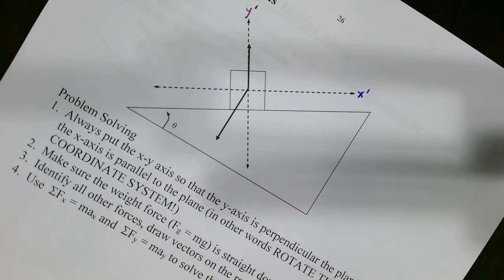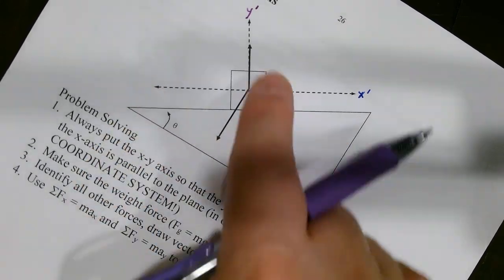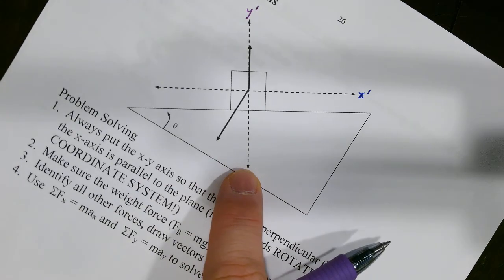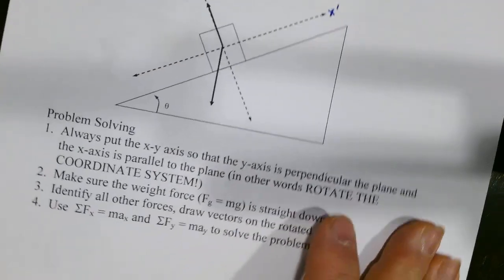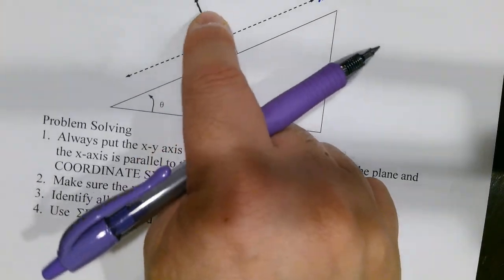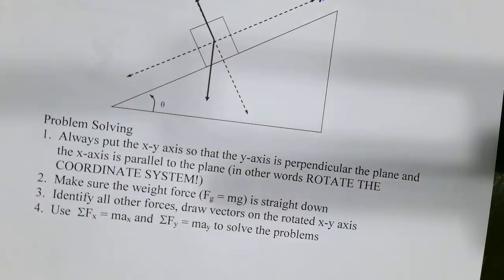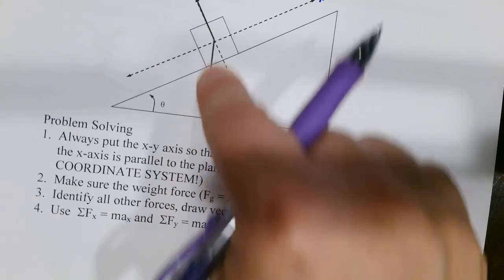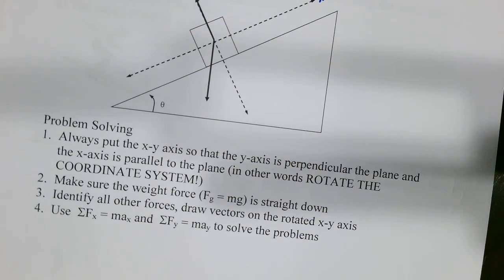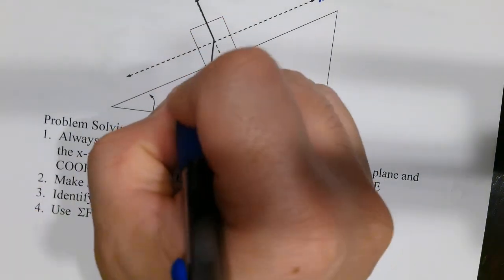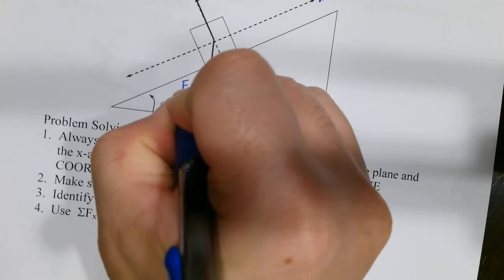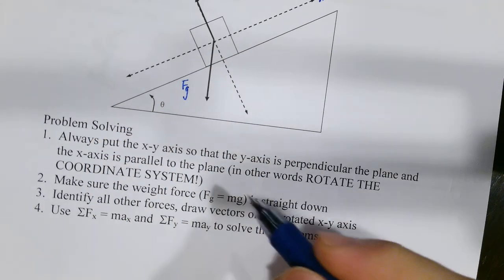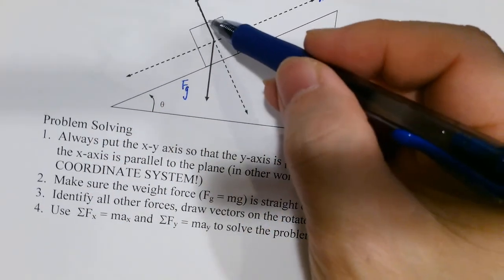Once you rotate the coordinate system, you work it as though it is this. So find all the components in your x prime, y prime axes. When this object is on an incline like this, your FG will always be pointing straight down. Because your FG is always pointing straight down, it will no longer be on the x or y axis.